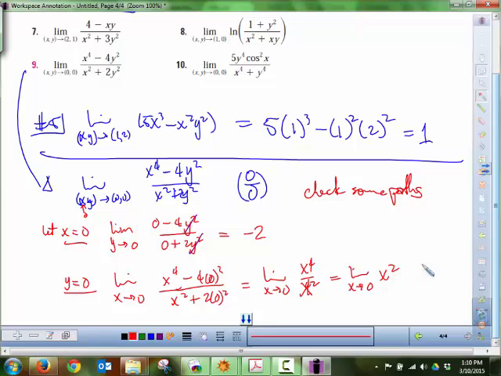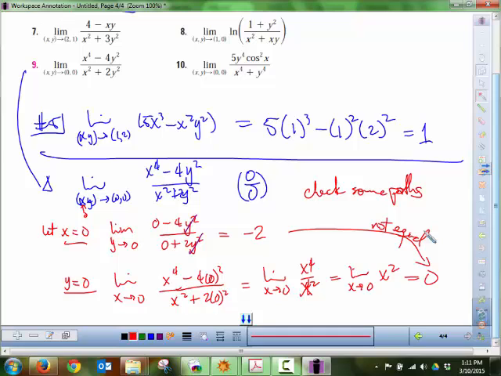Now if we take the limit as x approaches 0, what do we get? We get 0. And these two are not equal. So we have successfully shown that the limit does not exist at 0. Okay?